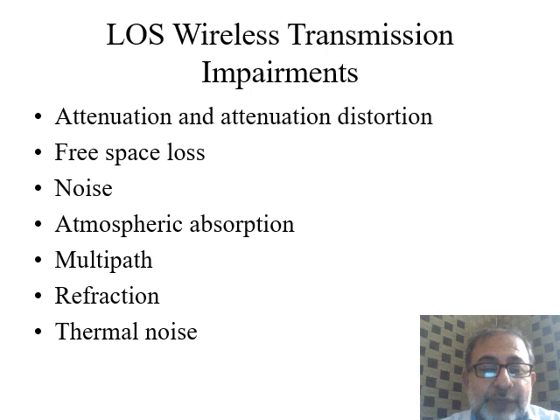Second, free space loss. What is a free space loss? What do you think if we do not have air in between and an antenna is radiating at a distance, for example, 10 meters, you get a certain value of power of the signal. If you go at 20 meters, would this value be reduced?